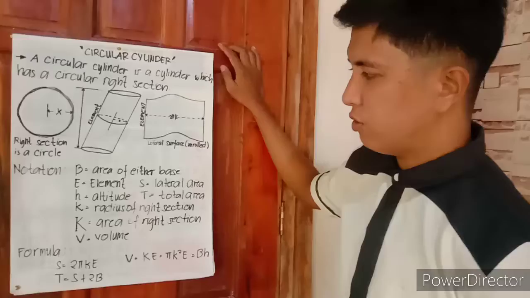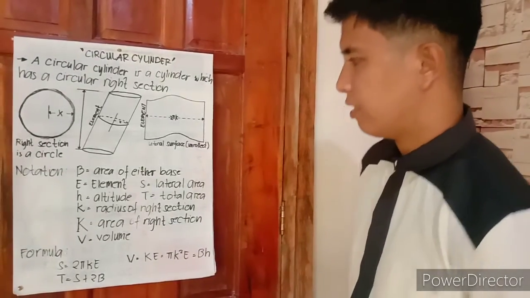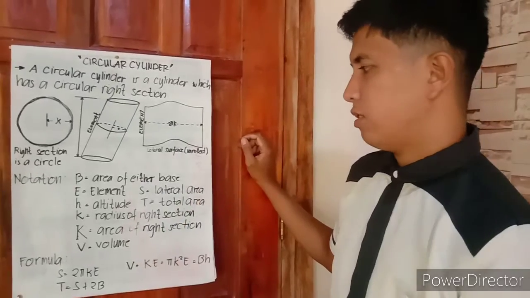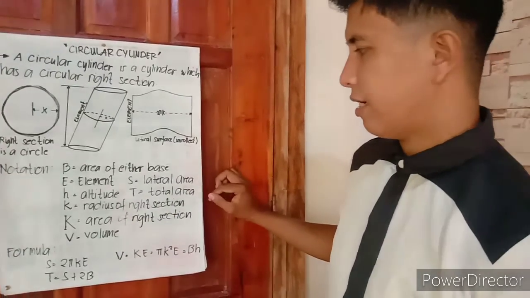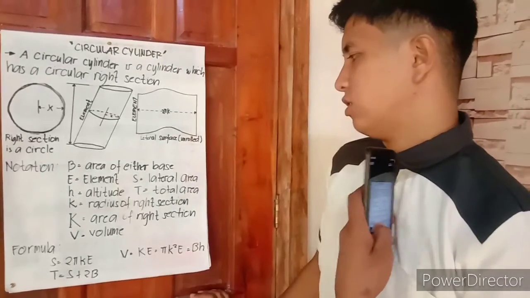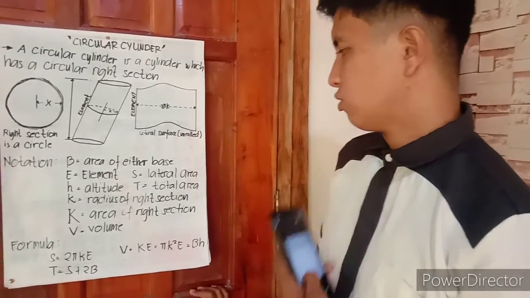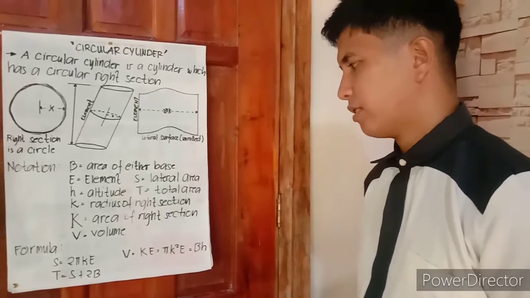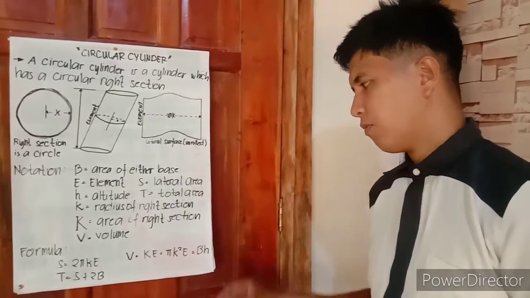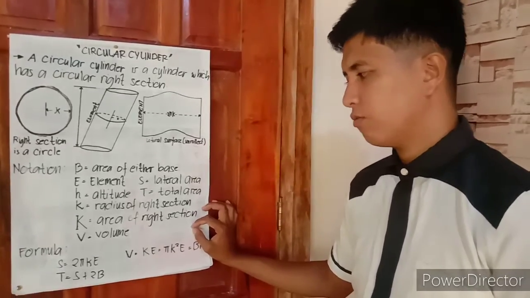Then notation. B stands for the area of the base, upper or lower. E is element, S is lateral area, H is altitude or the height, T is total area, R is radius of a right section, capital K is area of right section, and V is volume.